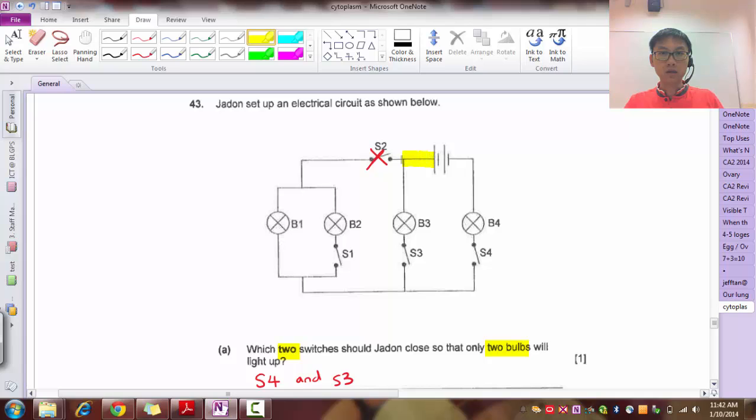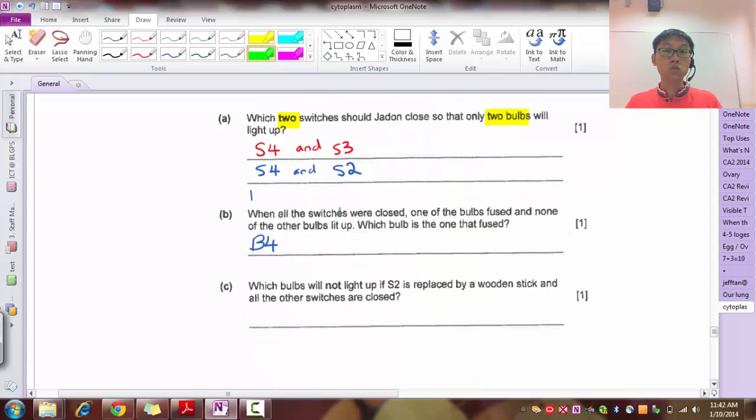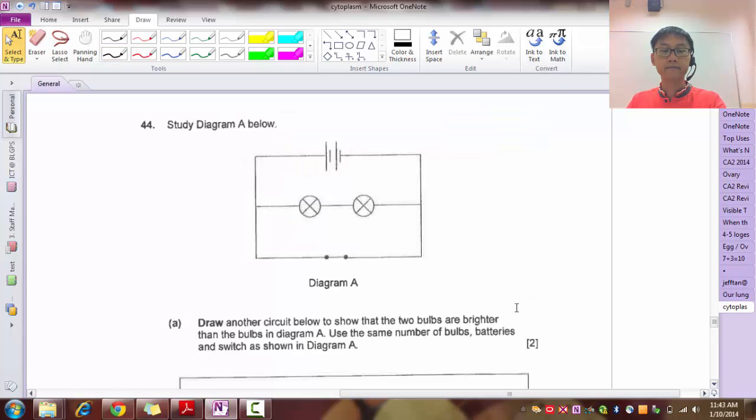So my electricity can flow down here like that, no problem, and B3, B4 will still light up, but from here on, electricity cannot flow. There's no closed circuit here. So which are the bulbs that will not light up? B1, B2. Okay. So B1 and B2.